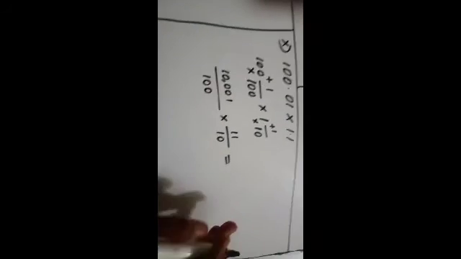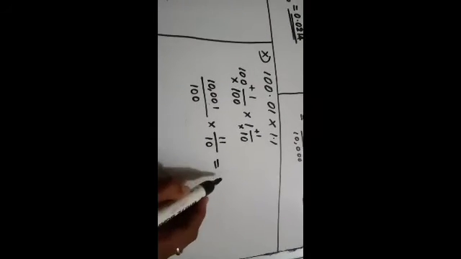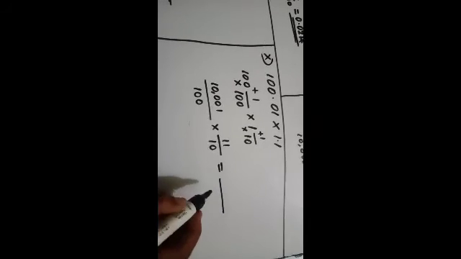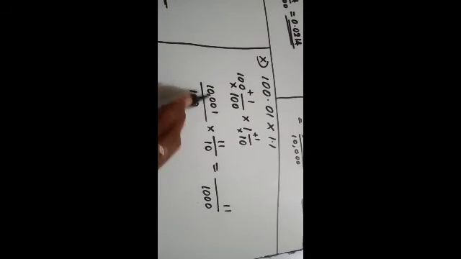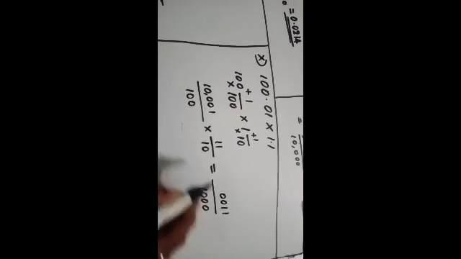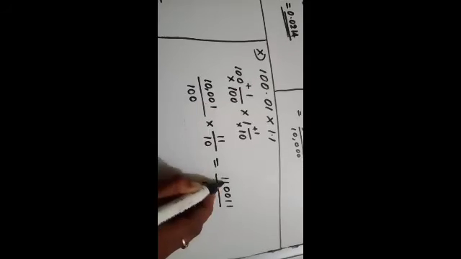Now both are fractions. So let us write the product of numerators and product of denominators. 100 tens are, the denominator is 1000. 11 ones are 11. Up to here we have reached. Then again double 0. 11 ones are 11.